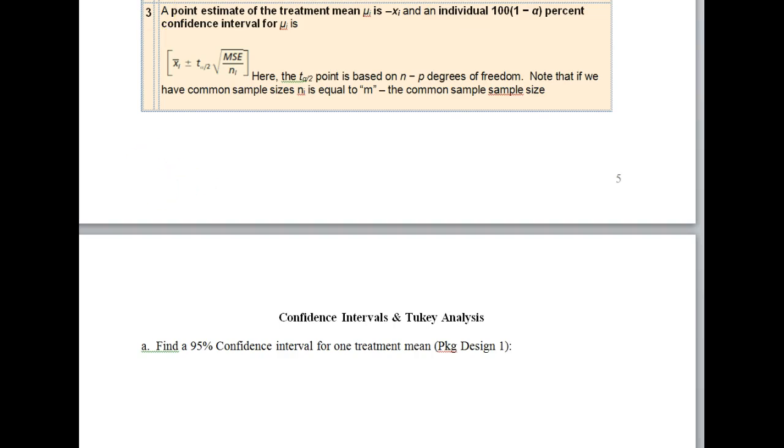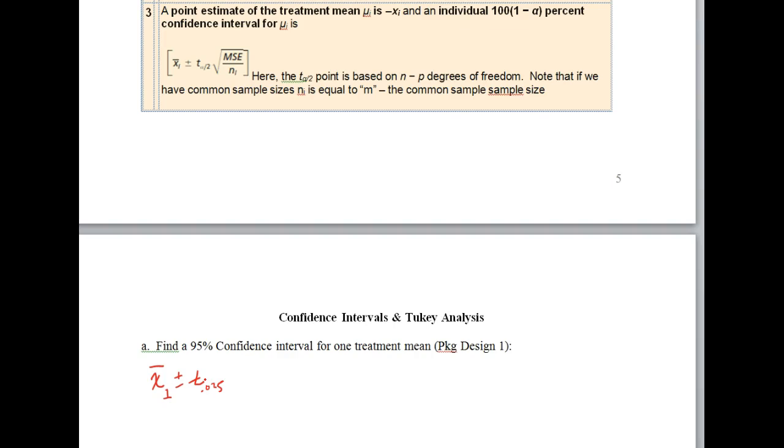So this formula is x bar sub 1 plus or minus t alpha half. So this is going to be t of 0.025. And then what degrees of freedom do we use here?